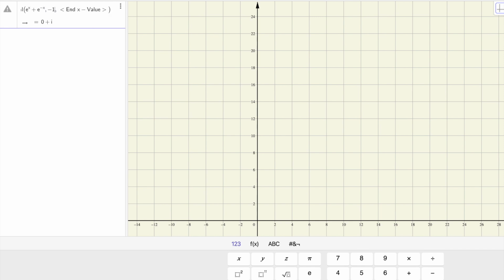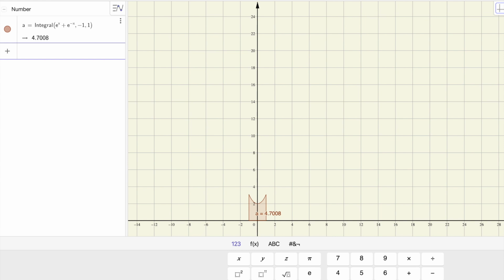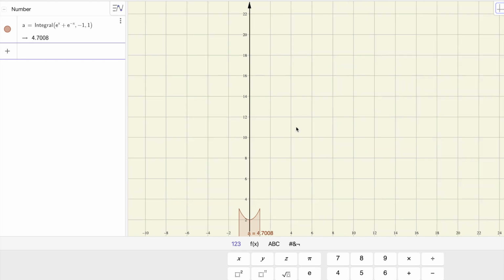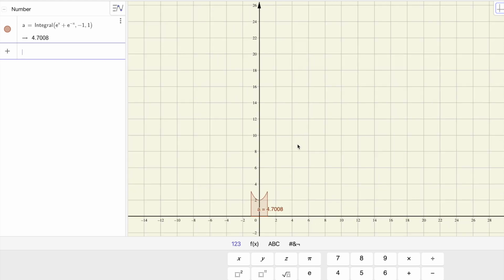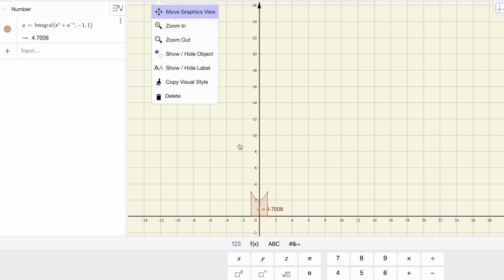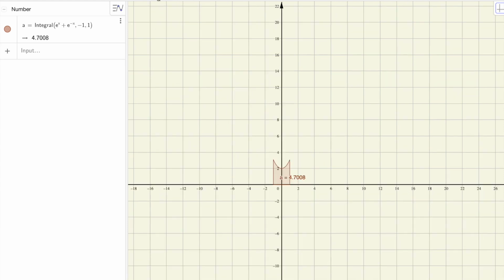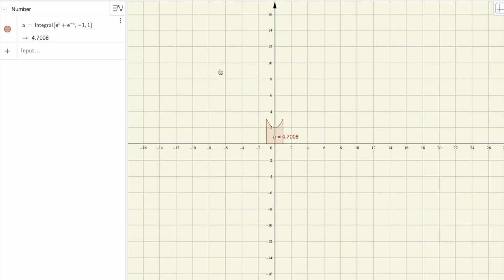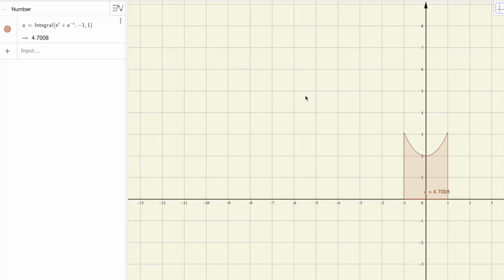It is from -1 up to 1. Yes? I don't know what happened. Ah, it's here. It already calculated, by the way, the area. But don't be very happy, because I always care about exact values. So let me move this a little bit higher, and make it bigger for you.